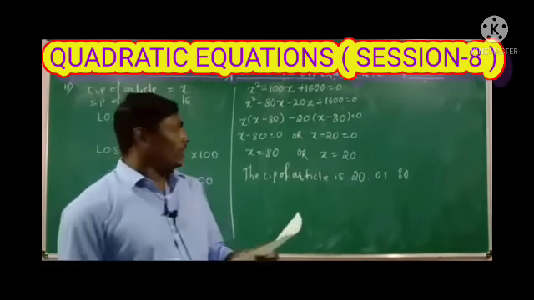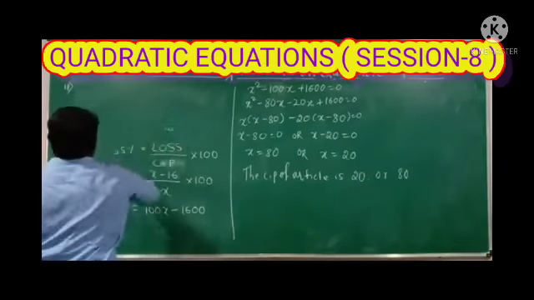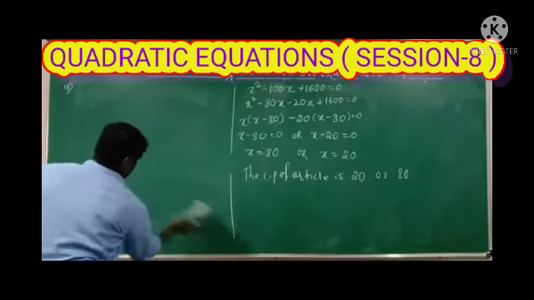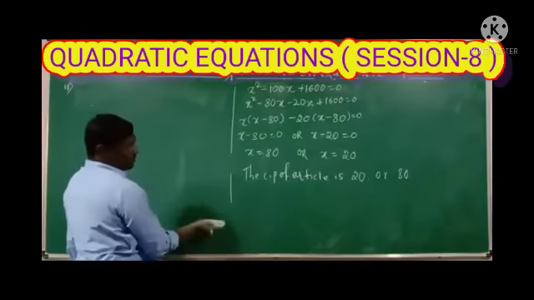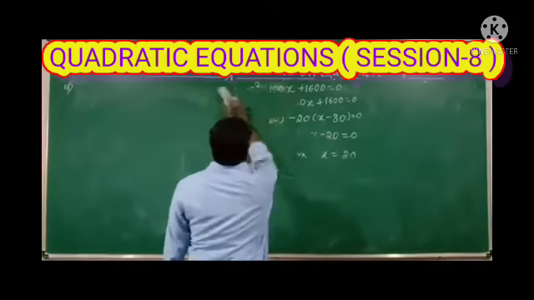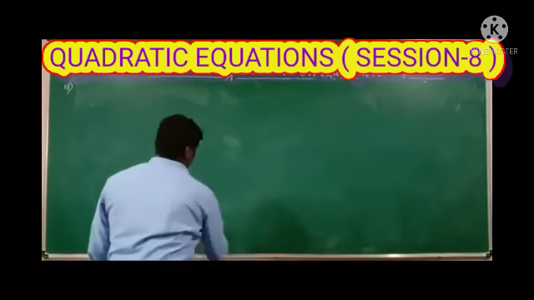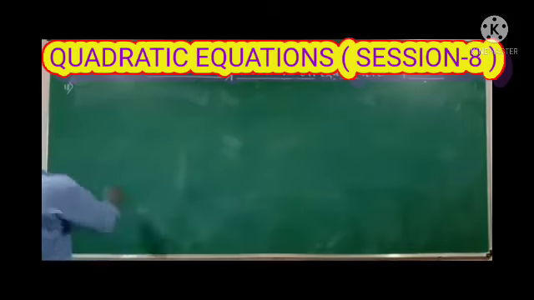Calculate the cost price. So the previous question, 11th one, was based on the loss percentage, and the question we are solving now is based on the profit percentage. Okay, 12th one.